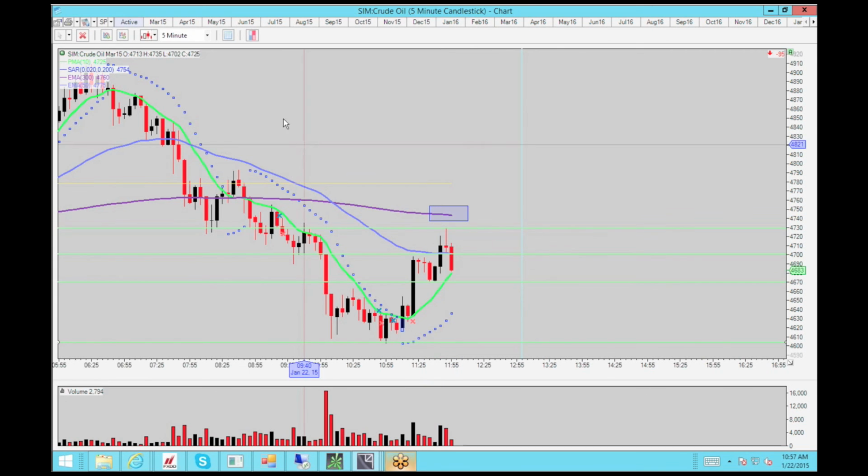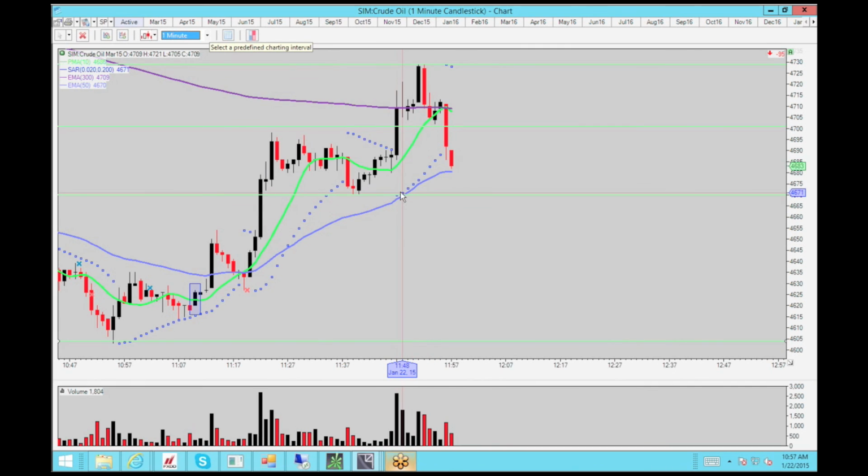Could we get a bounce here? Yeah, just depends on what the buyer-seller ratios are. See how it interacts here? But ultimately, you can see we're back down into this range again. See how we exhausted? Now we're heading lower.